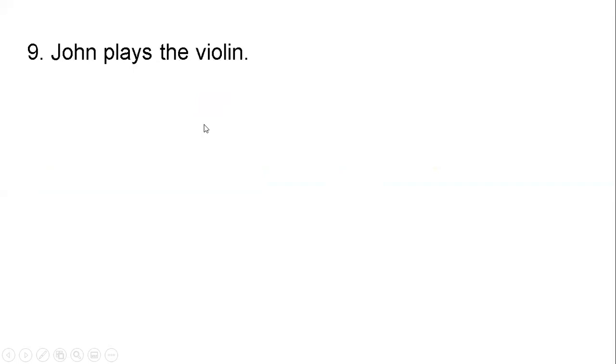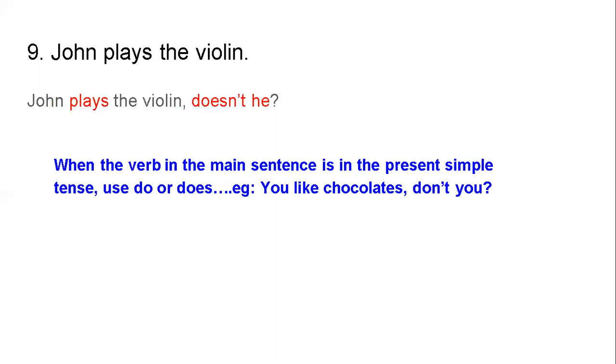The ninth one, John plays the violin. Think. John plays the violin becomes, John plays the violin, doesn't he? So why doesn't? What's the rule? Do you remember? When the verb in the main sentence is in the present simple tense, use do or does. Example, you like chocolates, don't you?